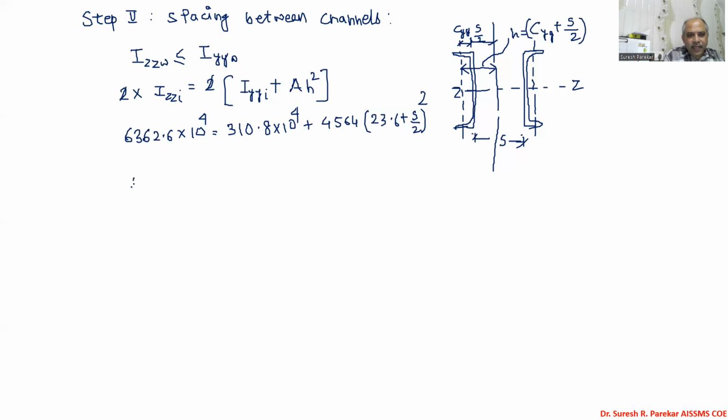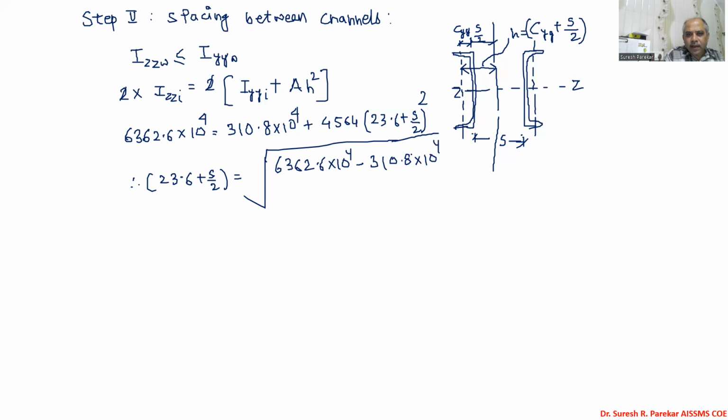And from this we will get 23.6 plus S by 2, which is equal to root of 6362.6 into 10 raised to 4 minus 310.8 into 10 raised to 4 divided by 4564.